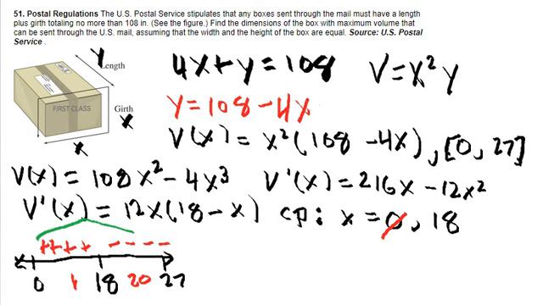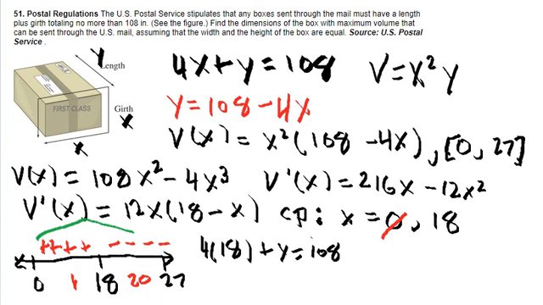Now, that means that we're almost done, because we can figure out what the y variable is. All you need to do is substitute the 18 into the equation. So you have 4 times 18 plus y equals 108.